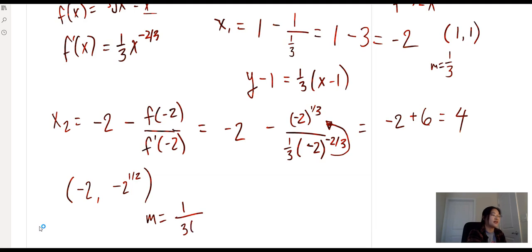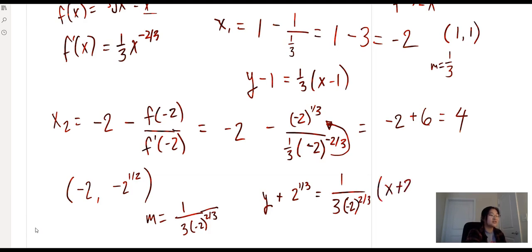Okay, so that's (-2) to the 2/3 power, and so we have y plus 2 to the 1/3 power equals 1/3, negative out here. No, not negative, it's positive, because this is a square. So that's 2 to the 2/3 power times (x plus 2).